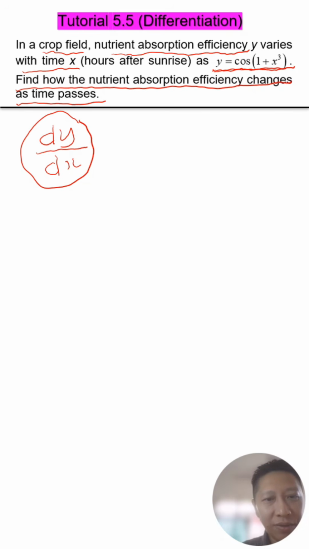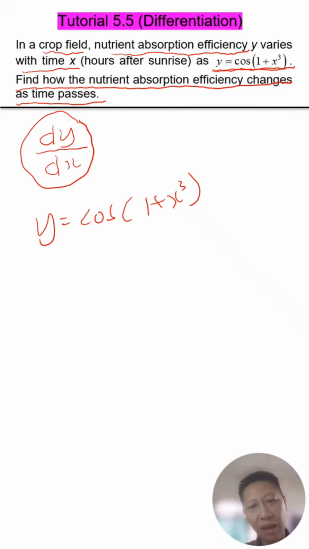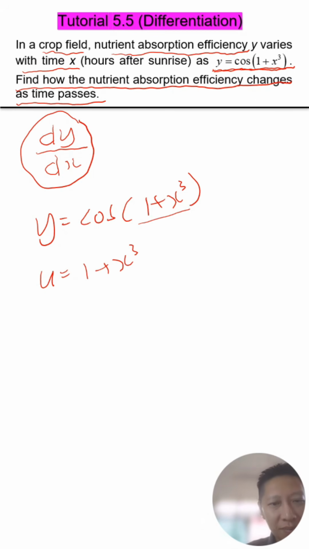We are given the initial function. It seems like a function inside a function, so we can use the chain rule. In order to use the chain rule, we give a name to one of the functions, 1 plus x to the power of 3. Let's say we use u to represent 1 plus x to the power of 3. When we differentiate u with respect to x, we get 3x squared.